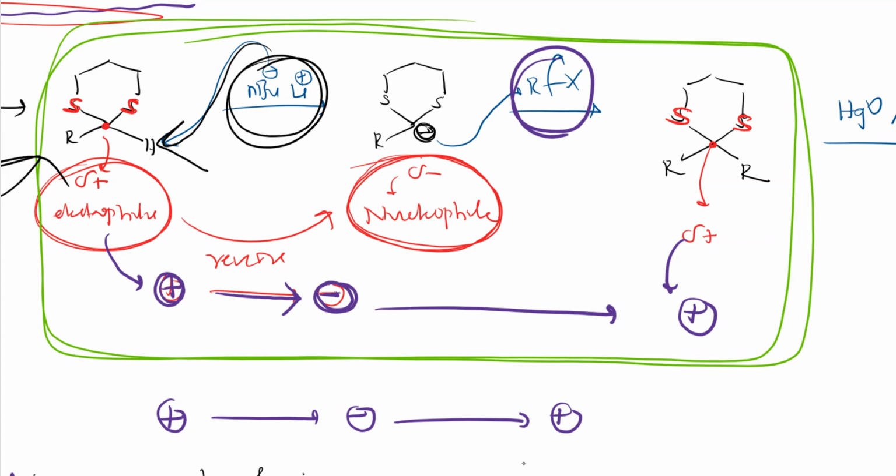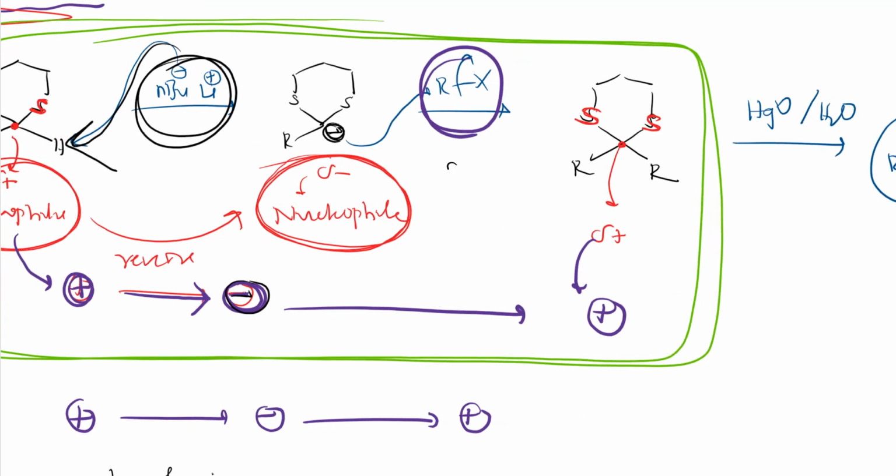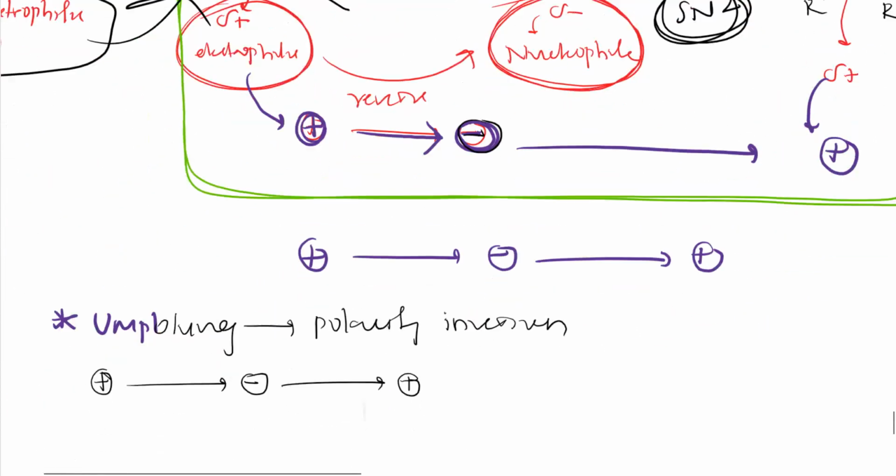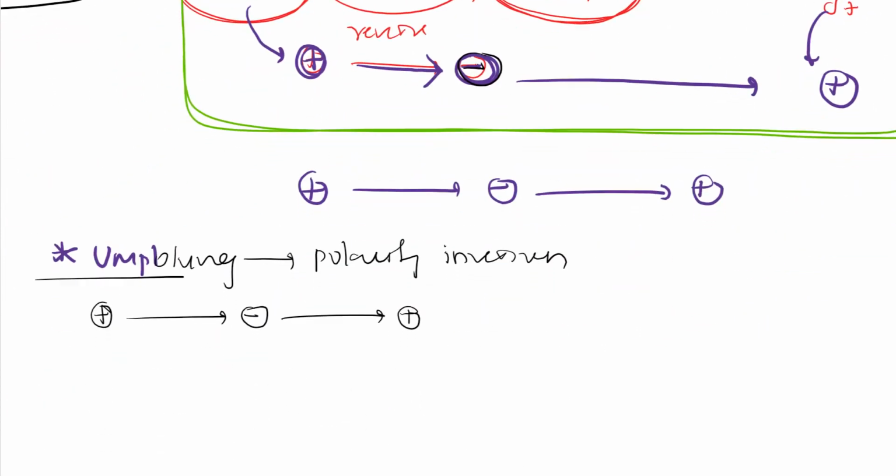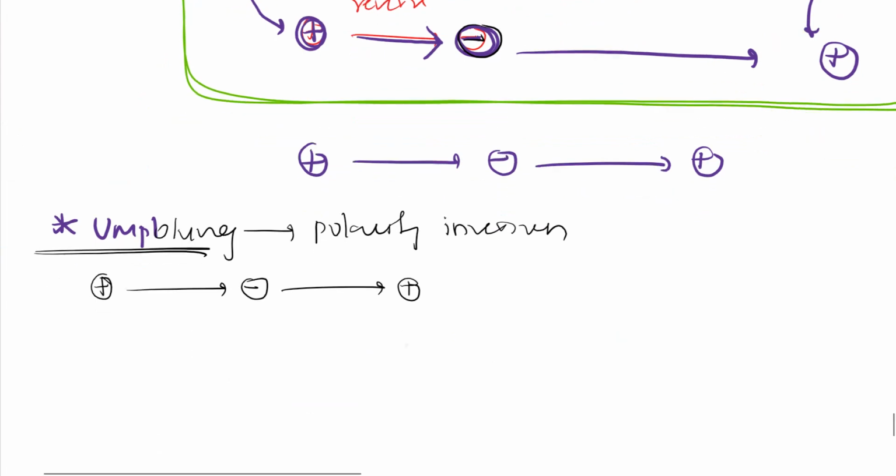From positive to negative there is an inversion of charge, or reversal of charge, and that is nothing but Umpolung character. Further, I add R'X or methyl iodide, so an SN2 reaction happens, and because of this, again reversal of charge happened. This is nothing but the Umpolung character of 1,3-dithiane. This is what I wanted to tell.